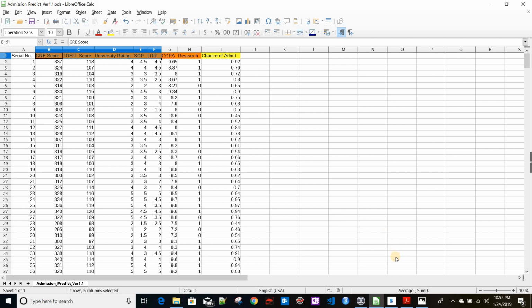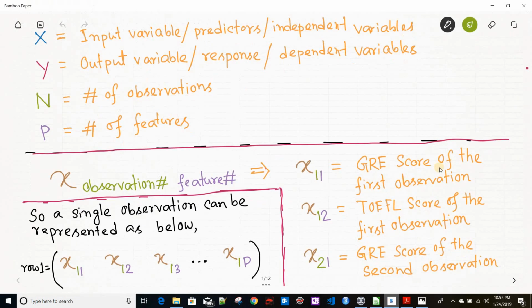Okay, we will try to do some mathematics as well behind this. To do that, I have written the whole math in a software called Bamboo Paper. Initially I was thinking I would do it live, but it was not adding any value. It was more time taking.